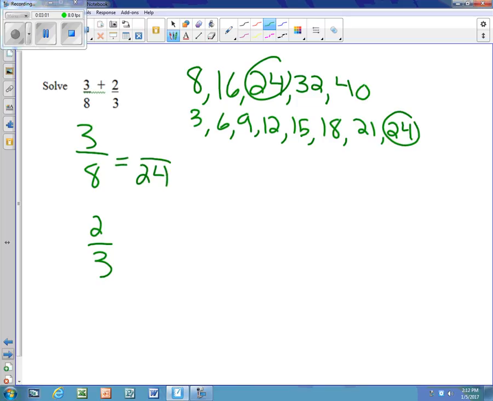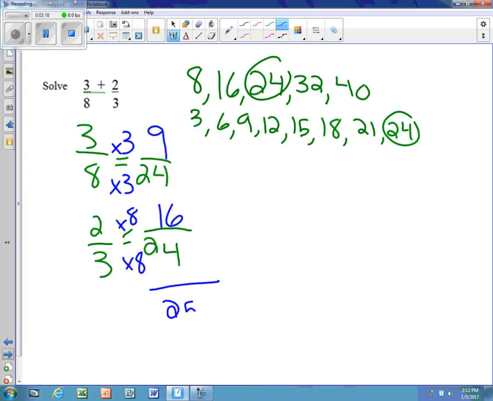So I write that as my new denominator. I see I multiply by 3 here, so I must multiply by 3 here. And then I multiply by 8 here, so I must multiply by 8 here. And when I add them together, I get 25/24. I can't leave it as 25/24. So I say 25 divided by 24, and I get 1 1/24.